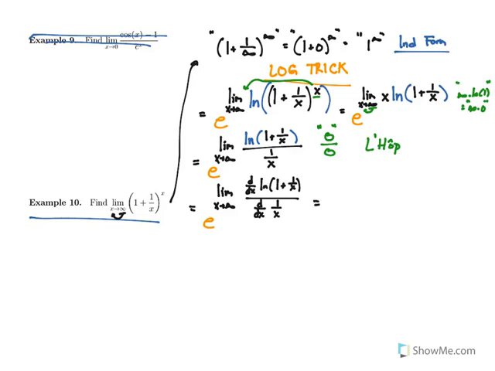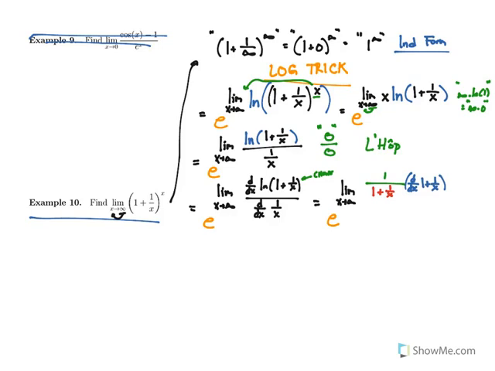We need the chain rule on the top. That's going to be 1 over, that's the derivative of natural log. Leave the inside alone and multiply by the derivative of the inside.